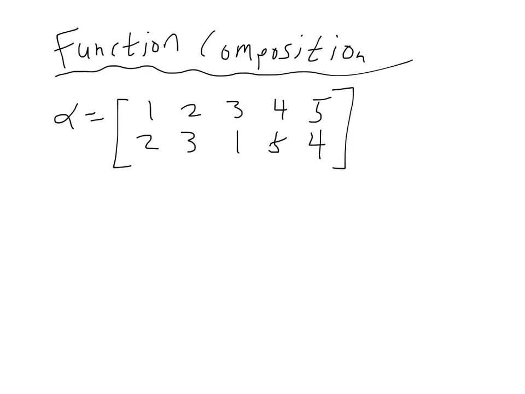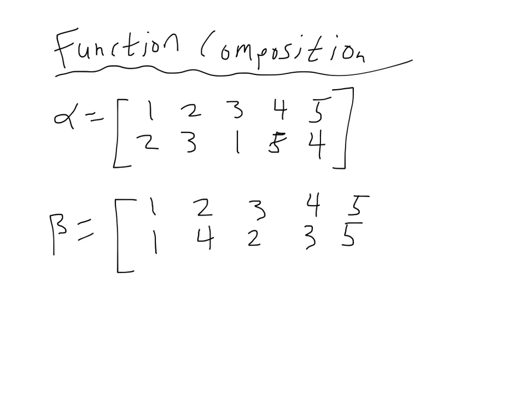Supposed to be a 5 right there. Sorry about that. And let's make up another one, which I'll call maybe beta. All right, so that is 1 to 1 and onto. Everything's getting hit just once.